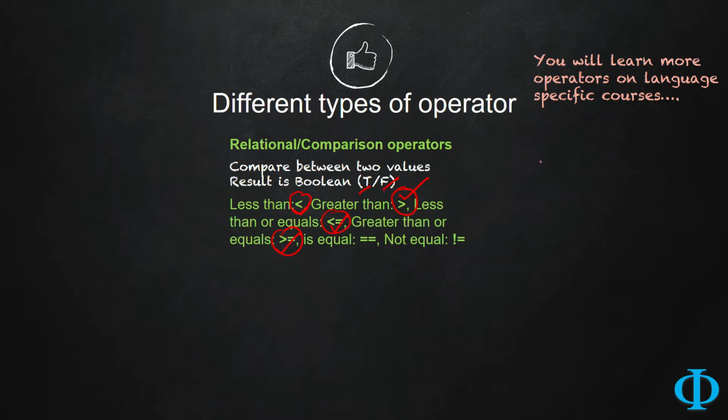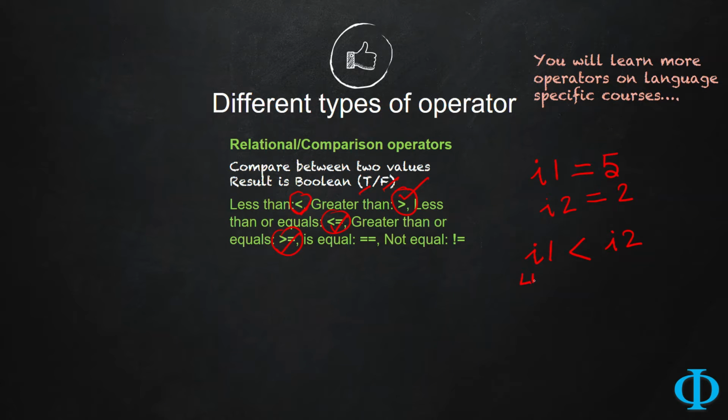For example, let's say I have two variables. The first one is I1, the value of I1 is 5. And the second one is I2, whose value is, let's say, 2. Now, if I do I1 less than I2, what will it do?